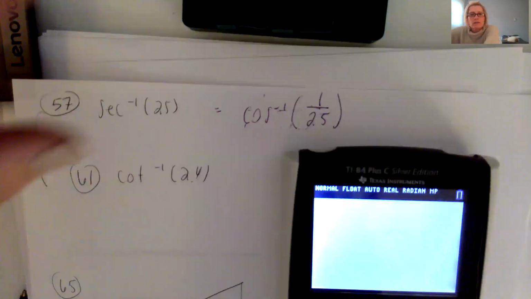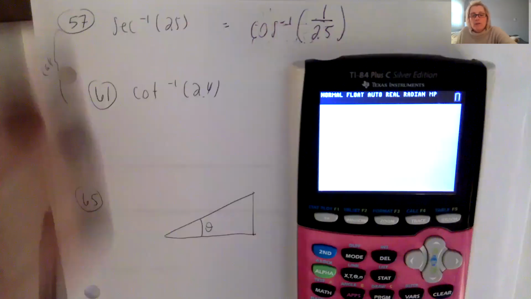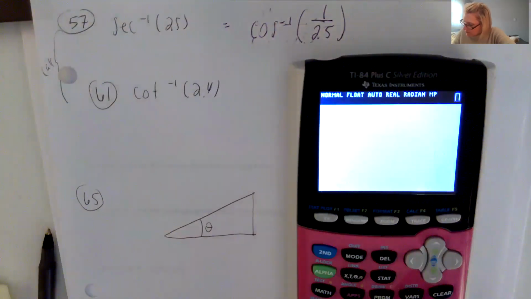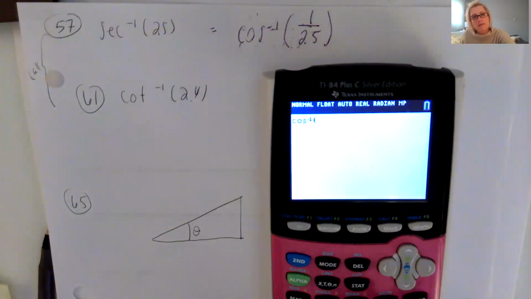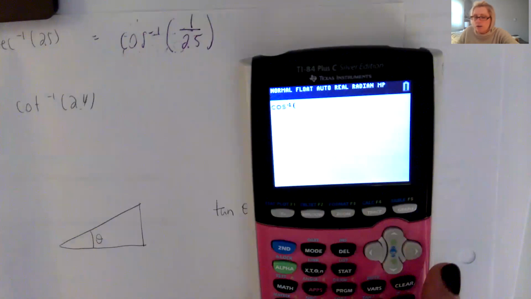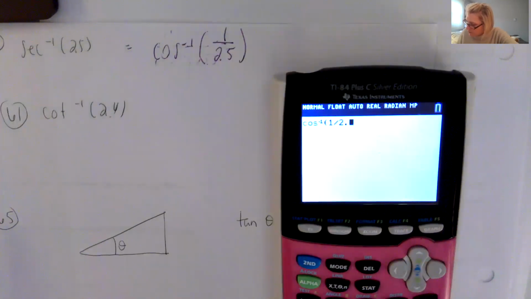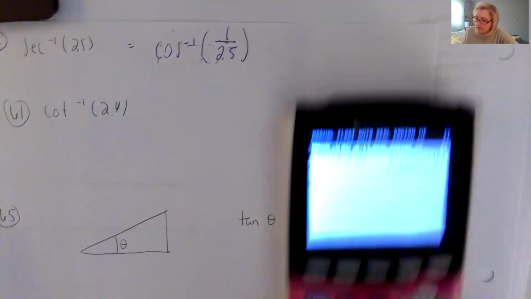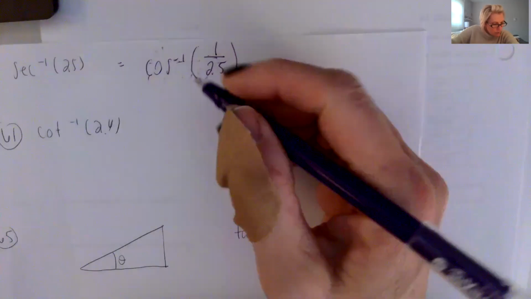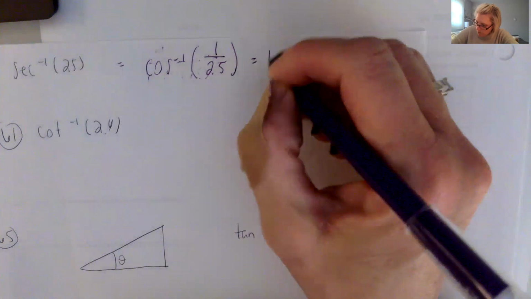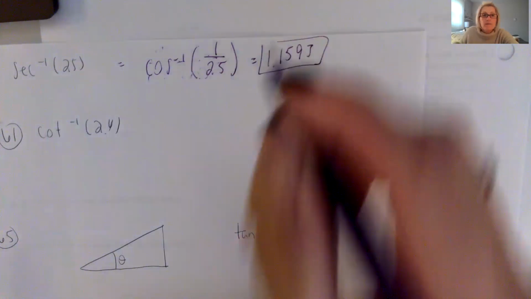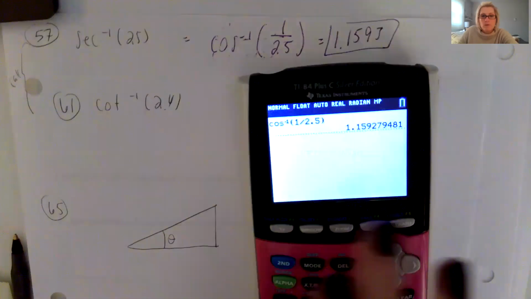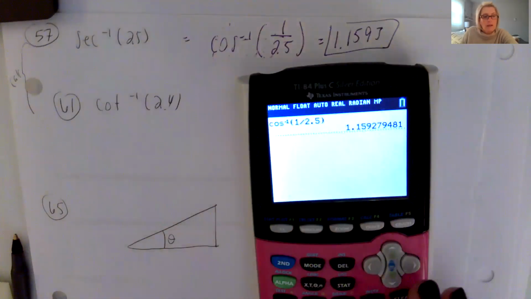So let me get it up here. We're going to do the inverse cosine. Make sure your mode is in radian. So inverse cosine of 1 divided by 2.5 is 1.159. And it said 4 decimal places, so it's 1.1593.